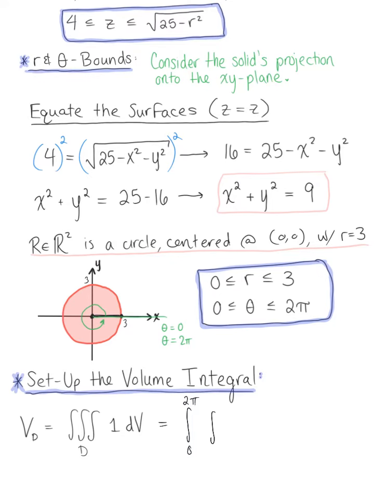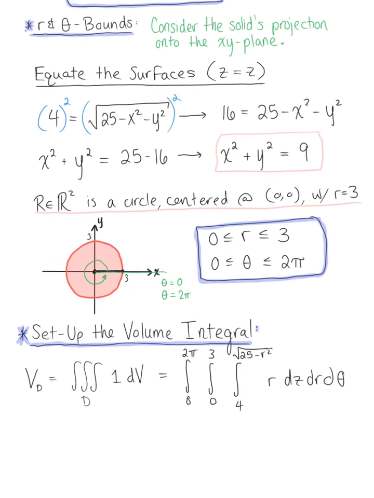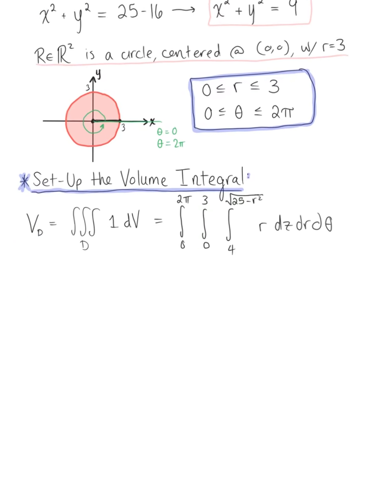The middle integral is with respect to the radius from 0 to 3, and our innermost integral is with respect to z, from 4 to the square root of 25 minus r squared. Our volume differential in cylindrical coordinates is r dz dr d theta. So we are now officially ready to begin evaluating.